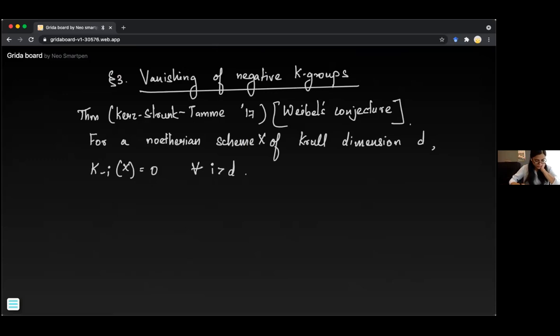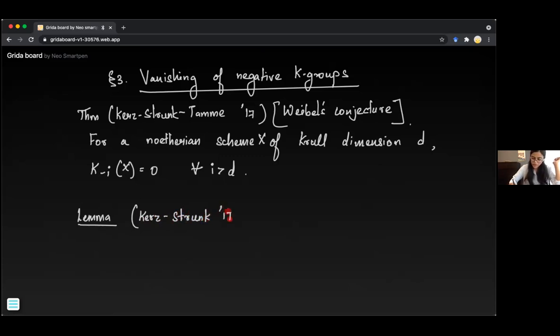So, a lemma. In the absence of resolution of singularities, you have sort of a killing lemma, which tells you that you can still make every class in the negative K-group vanish up to some sort of stratification.